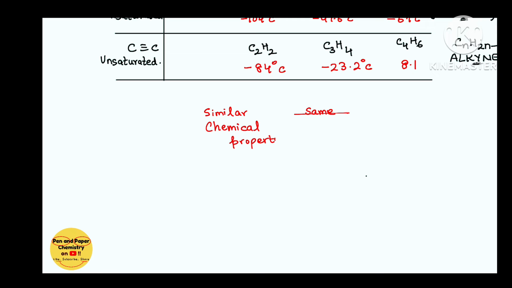It means that their rate of reaction, the speed with which they react, may change as we go up in the series. Moreover, because the mass is going to increase, the chemical property does get affected. The reaction may get slower or faster. So it's not exactly same to same, but yes, the chemical properties are similar.